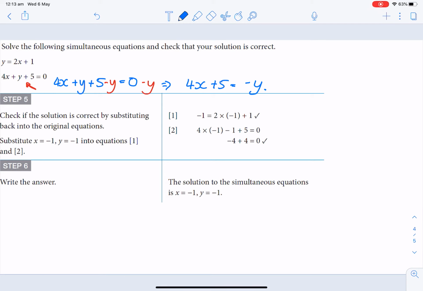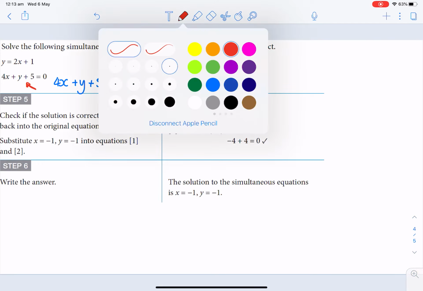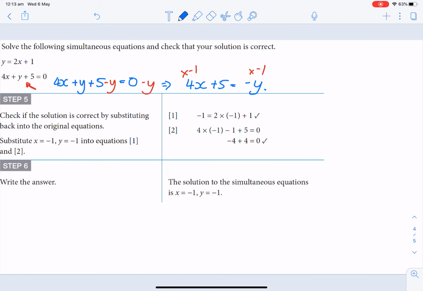Now, ideally, I want to get rid of that negative, so I'm going to multiply everything by -1, the easiest way to get rid of it all. So I end up with -4x minus 5, because 4x times -1 gives you -4x, and 5 times -1 gives you -5, but I've now got a positive y.